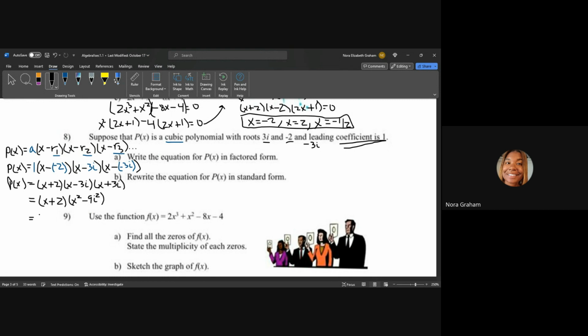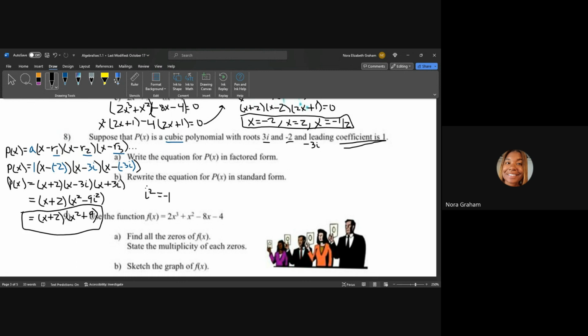So I have x plus 2, sorry, I'm going to write over that 9 right there, x squared plus 9, because that i squared is actually equal to -1. -1 times -9 is +9. And that's going to be the answer to your factored version.